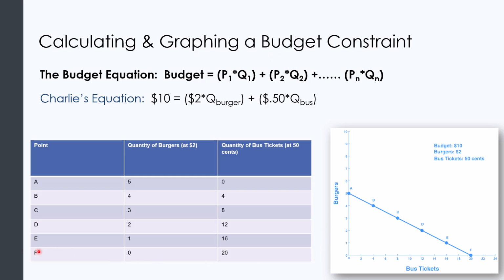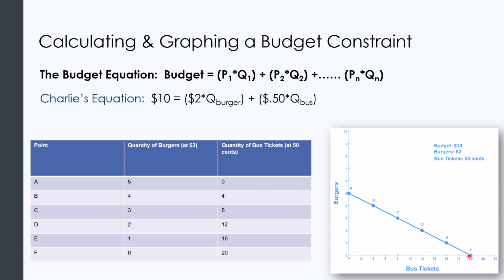At the other end of the spectrum, maybe he's completely full. Maybe he doesn't eat burgers. Charlie could choose to get 20 bus tickets for 50 cents each, and that would also fully spend his $10.